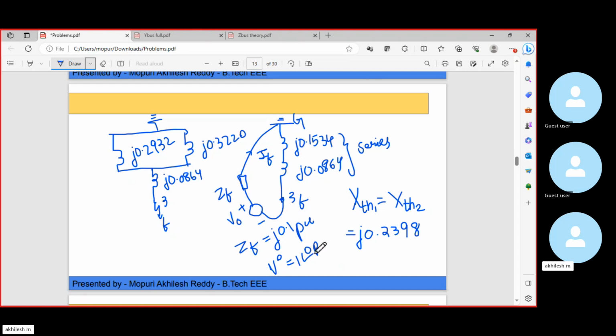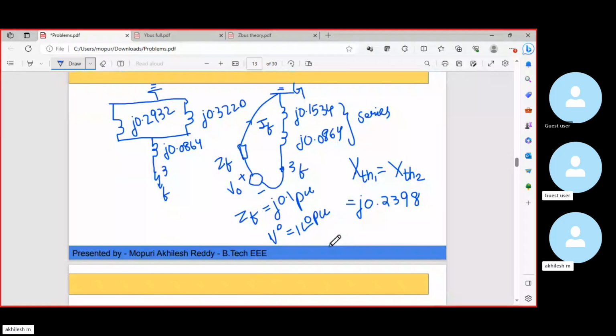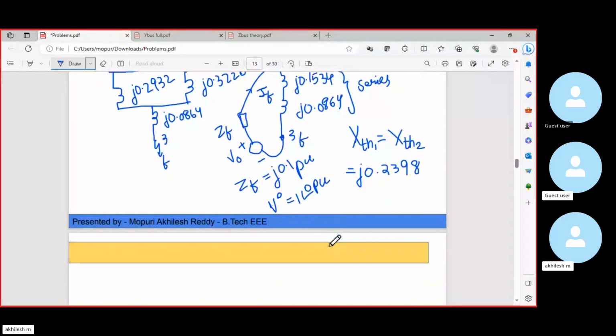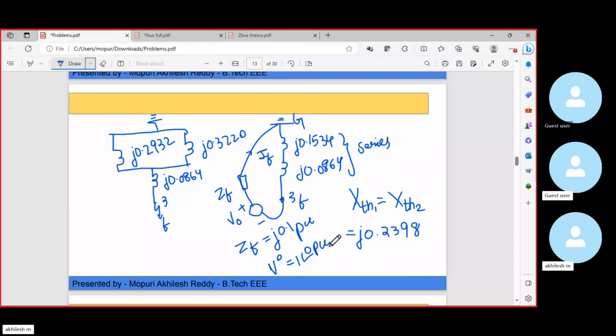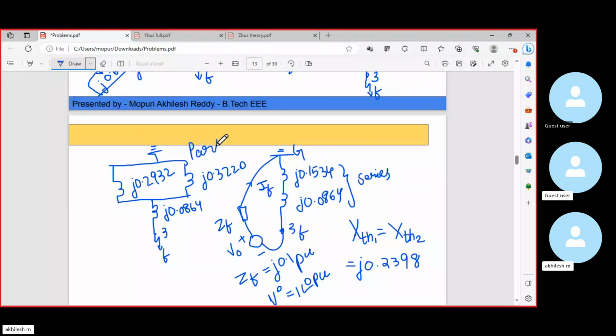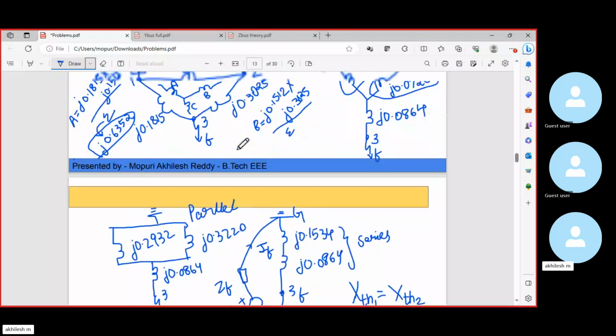So with this, we have done everything. Now let us go to the computation.